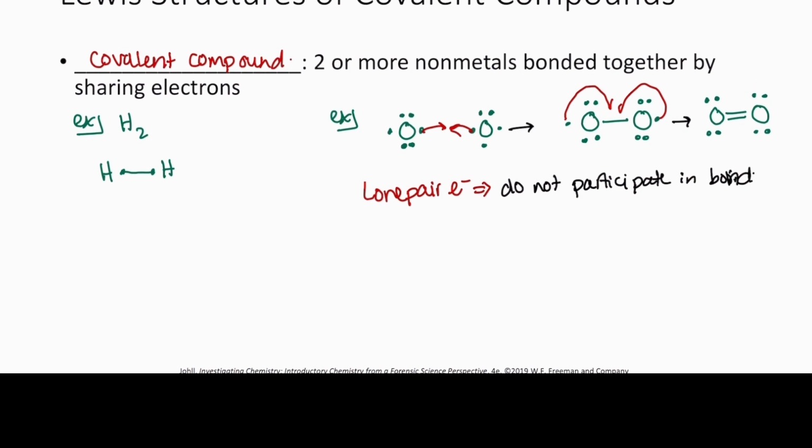But it's very important to realize that they still exist in that area. They still are part of the molecule. They just don't participate in the bonding. The other type of electrons we have are the bonding electrons. And you got it. The bonding electrons participate in bonding.